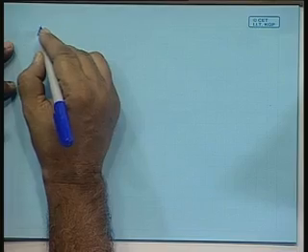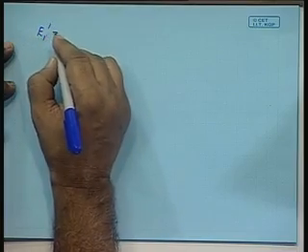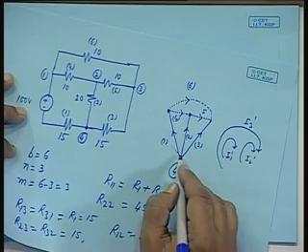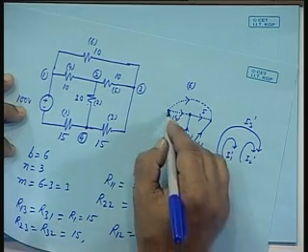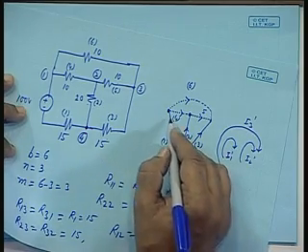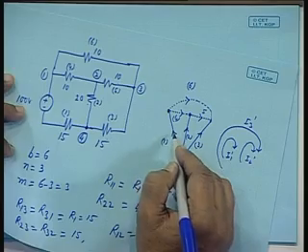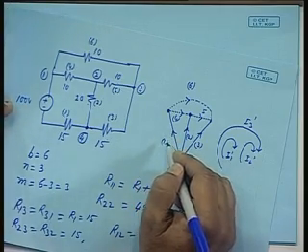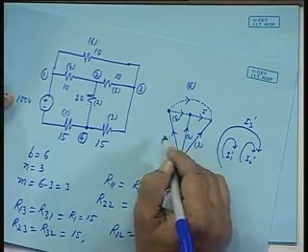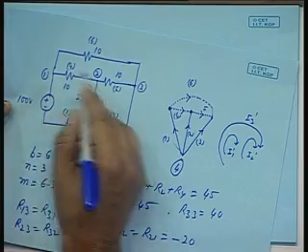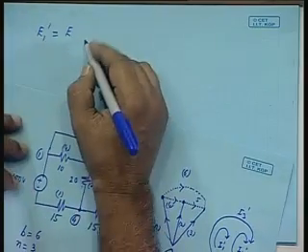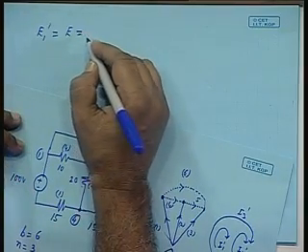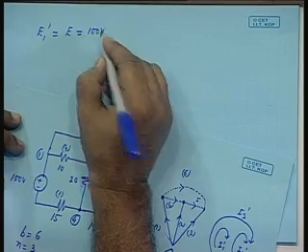Again, the voltages: E1 dashed is equal to E itself. In loop 1, there is only one source, and the sum of the voltage sources will be just 100 volts. So, E1 dashed is equal to E itself, that is 100 volts.